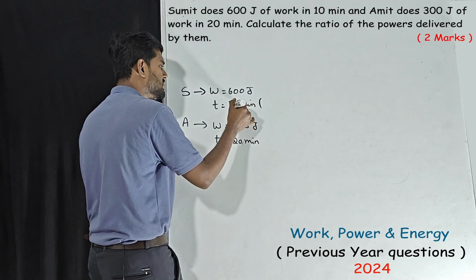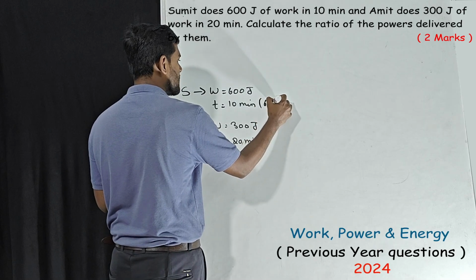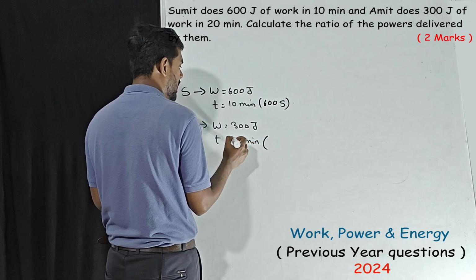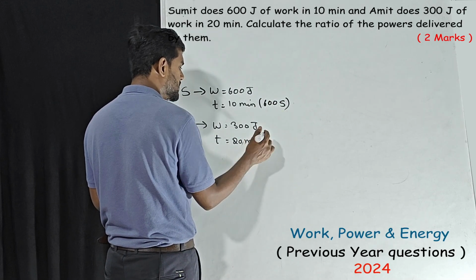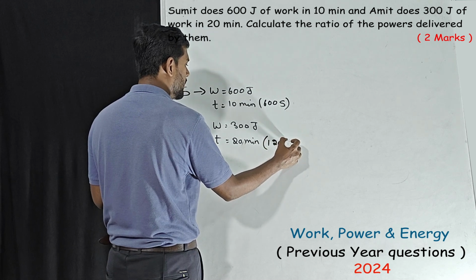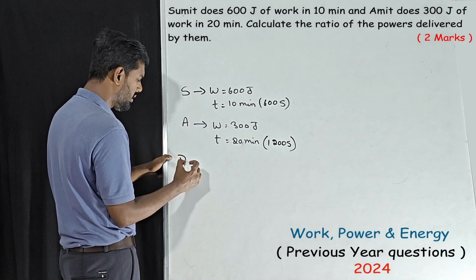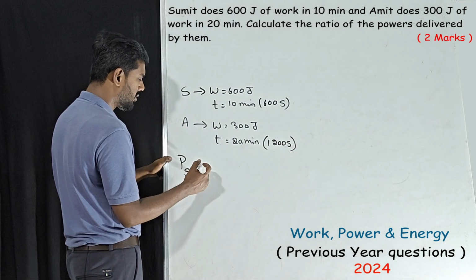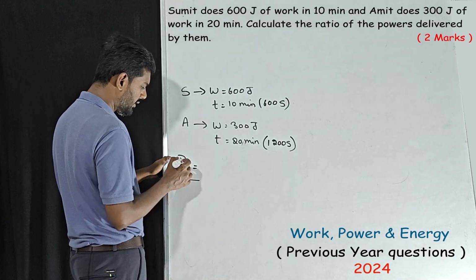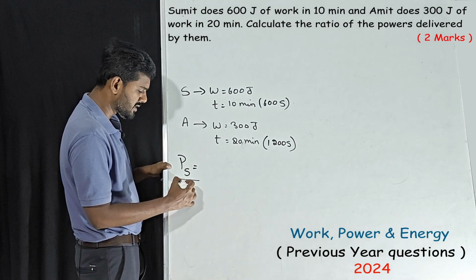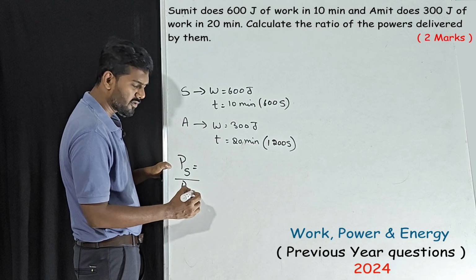So the SI unit here is 10 into 60, that is 600 seconds, correct? Here 20 minutes, so 20 into 60, that is 1200 seconds. So we can get the final answer like this: power of Samit by power of Amit.